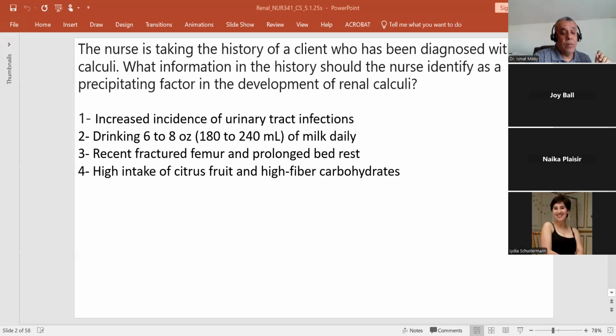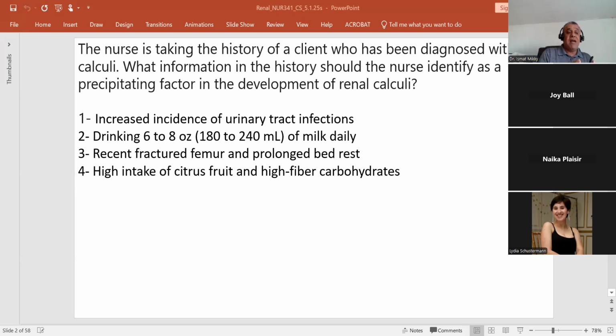Professor, isn't high fiber good for you? Yes, exactly. So 6 to 8 ounces of milk is not excessive and doesn't predispose the client to kidney stones or calculi. The increased intake of citrus and high fiber carbs is good for nutritional needs. It has nothing to do with stones or developing urolithiasis.